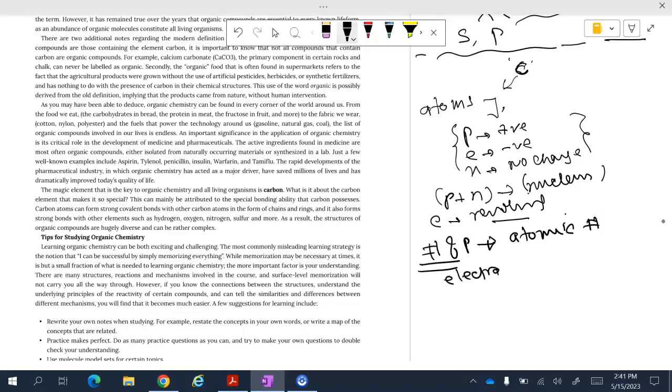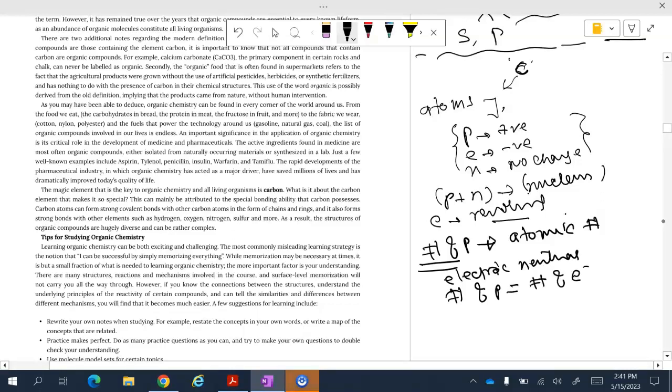What does that mean? It means the number of protons is equal to the number of electrons, because protons are positively charged and electrons are negatively charged. Since their numbers are equal, they cancel each other and give a neutral charge. So an atom is electrically neutral.